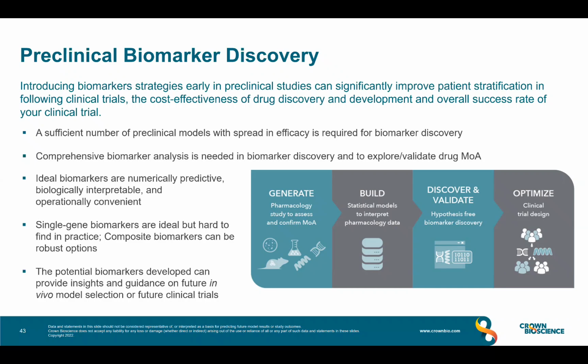Ideal biomarkers are numerically predictive, biologically interpretable, and operationally convenient. Single gene biomarkers are ideal but hard to find in practice, while composite biomarkers can be robust options. The potential biomarkers developed can provide insights and guidance on future in vivo model selection or future clinical trials.